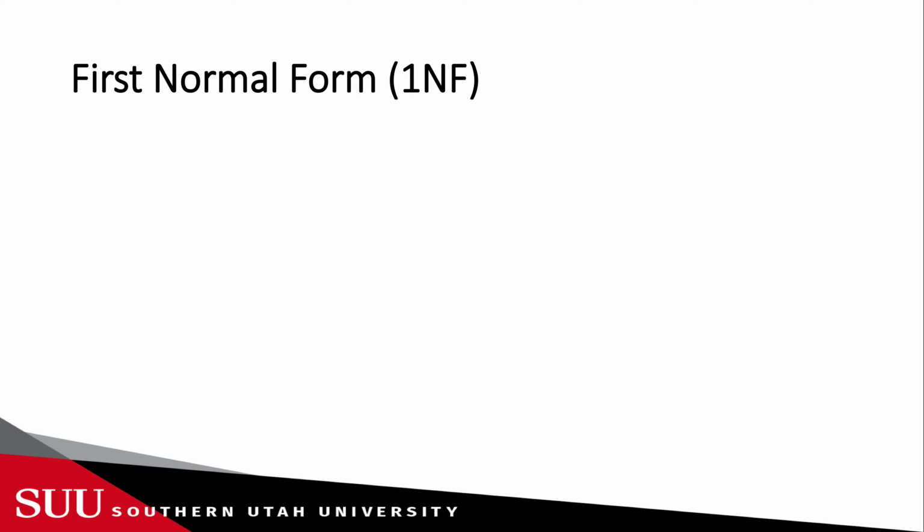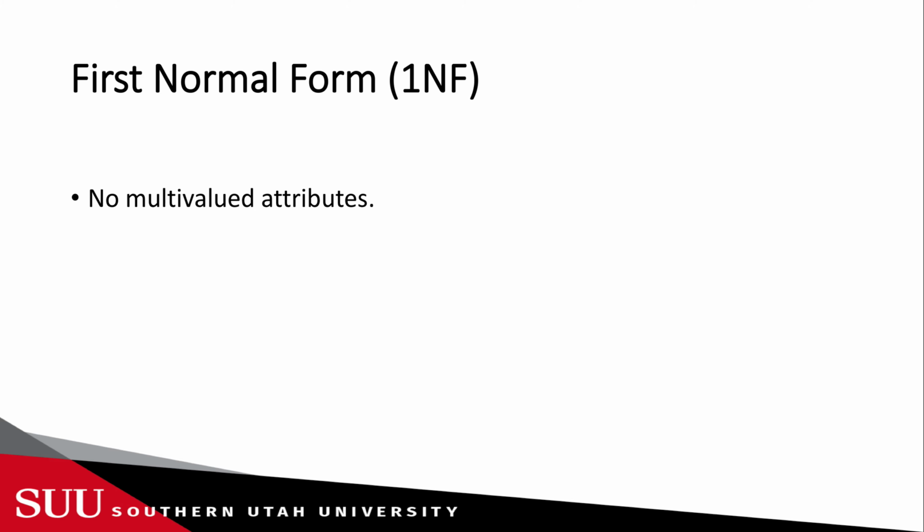We will start looking at the normal forms, starting with the first normal form. Let's start by revisiting the rules of the first normal form, or what makes a table comply to the first normal form, or as we say, in first normal form.